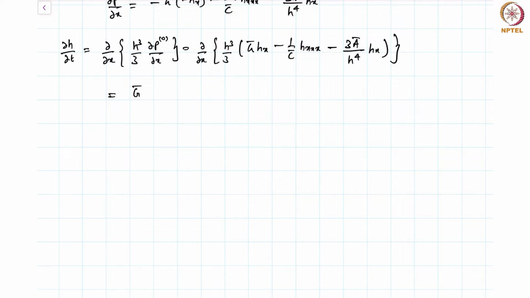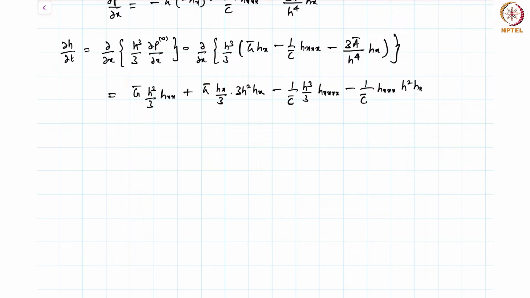And we have G bar h cube by 3 h_xx, and finally the two terms from the van der Waals force.